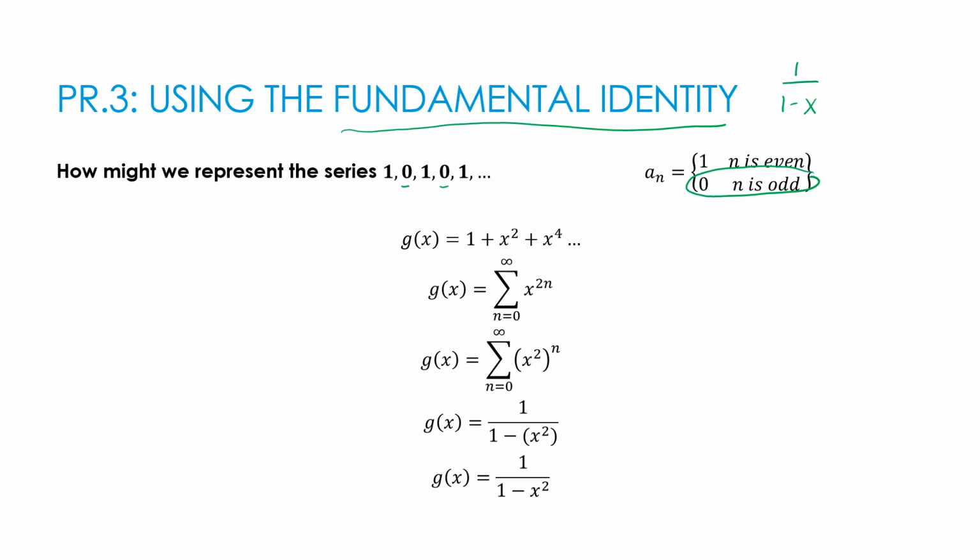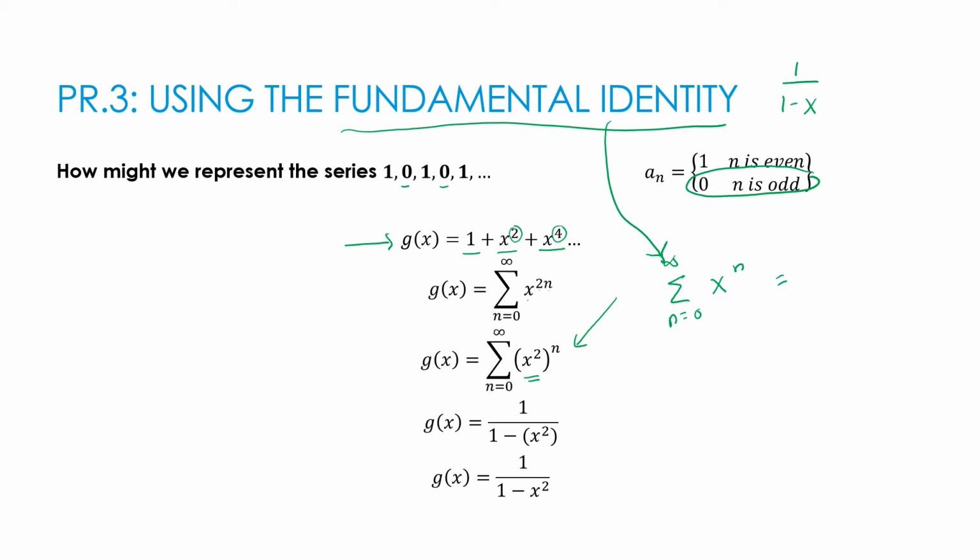So again, what I'm looking for is I want the generating function to be 1, and then x squared, and then x to the 4th, etc., which means I've got the summation from 0 to infinity of x to the 2n, because I only have even powers. So if I only have even powers, if I want to rewrite it so that it looks more like that summation as I go from 0 to infinity of x to the n, which was my fundamental identity, if you'll notice, I've just rewritten it as x squared.